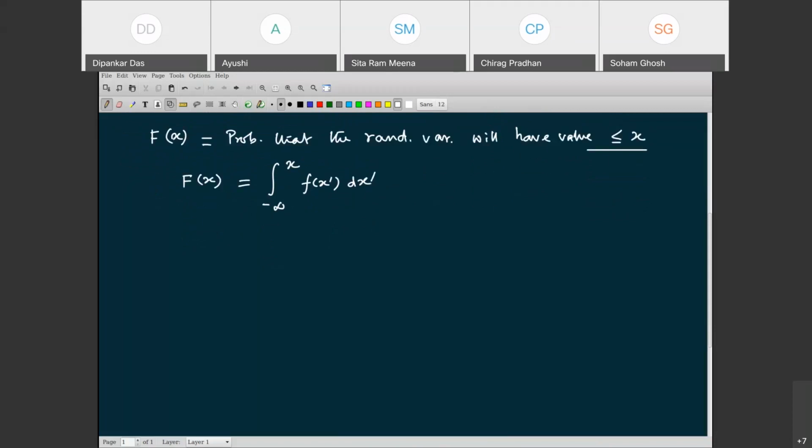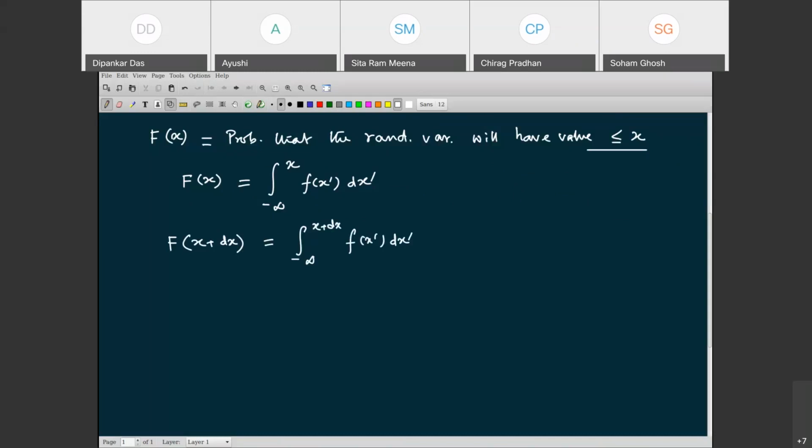If you find the cumulative distribution function at x plus dx, that the random variable will take values up to x plus dx, it will be given by the integral from minus infinity to x plus dx of f(x') dx'.